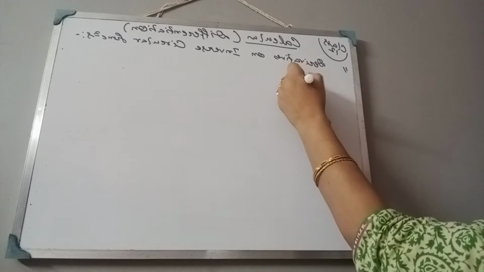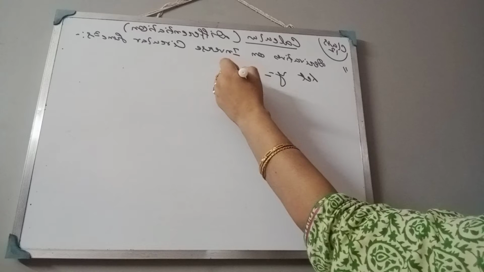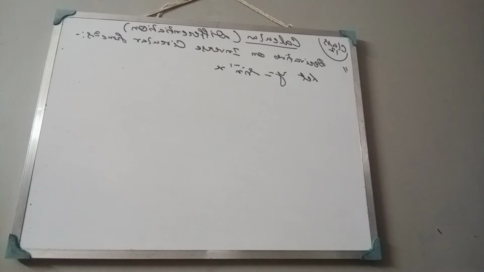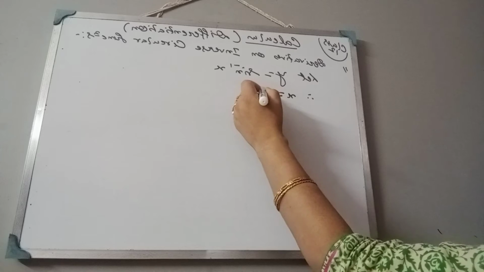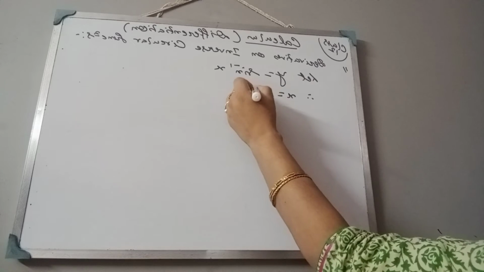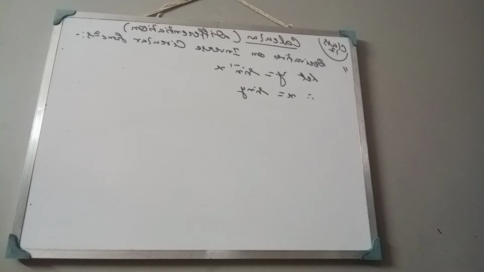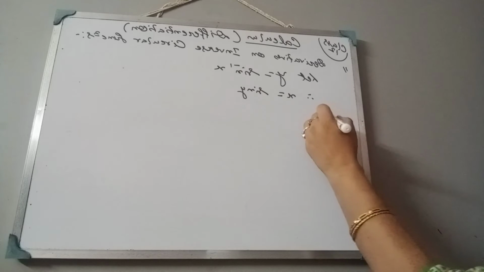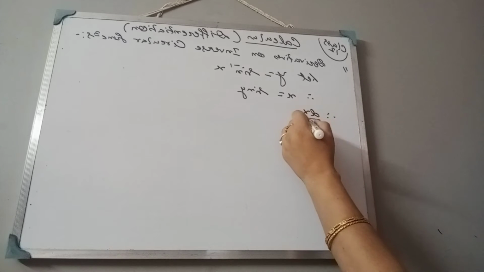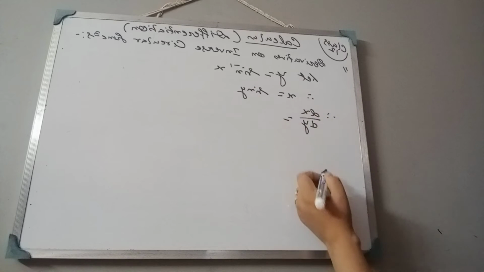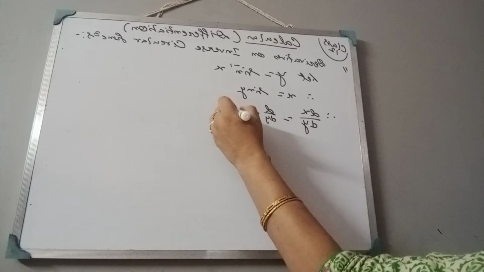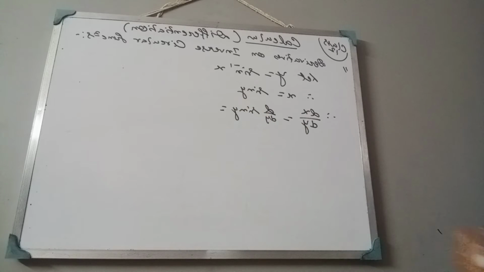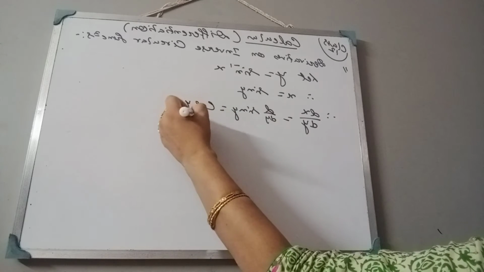Okay, so let y is equal to sine inverse x. Therefore, from the inverse circular function we know that x is equal to sine y. Therefore dx/dy equals d/dy of sine y. d/dx of sine x we know is cos x, so we can write here cos y.